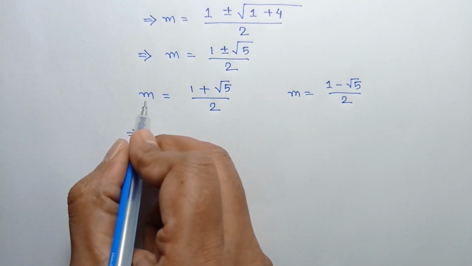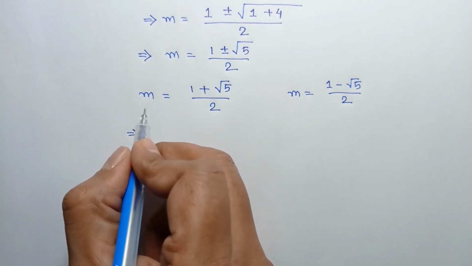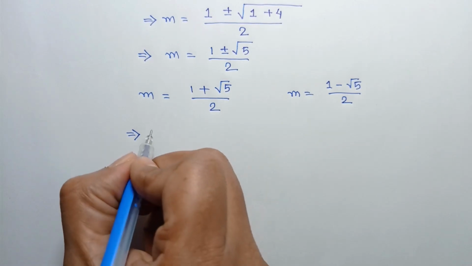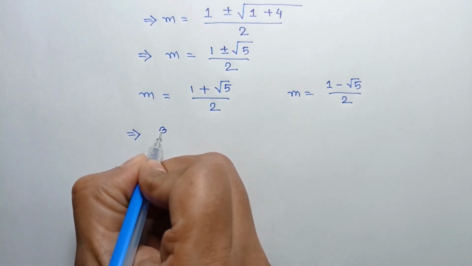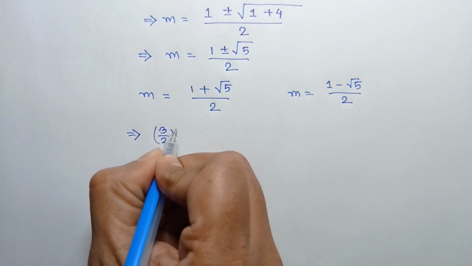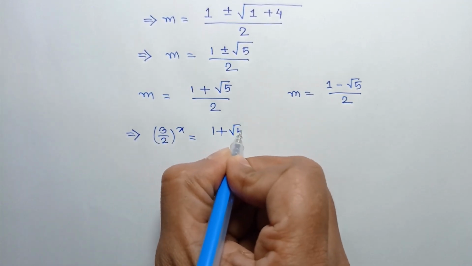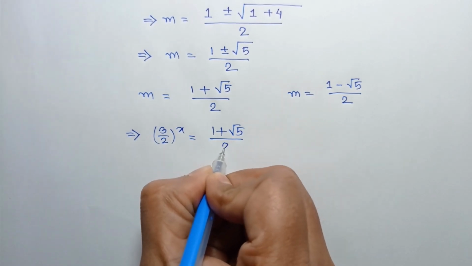Substituting the value of m is equal to (3 over 2) to the power x, we will have (3 over 2) to the power x is equal to 1 plus square root of 5 over 2.